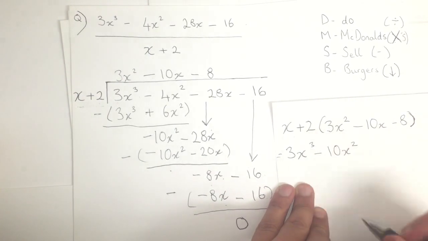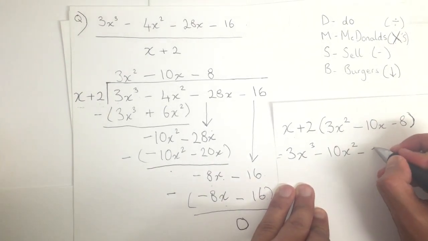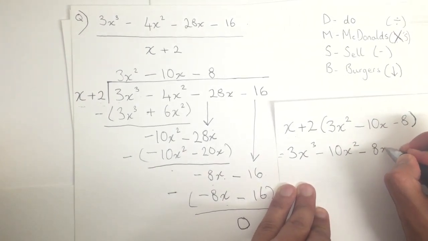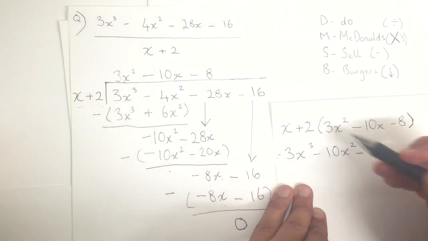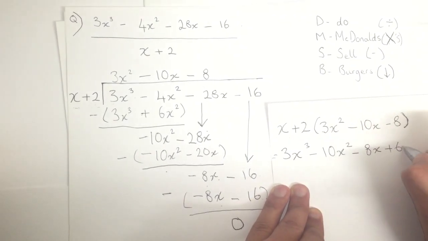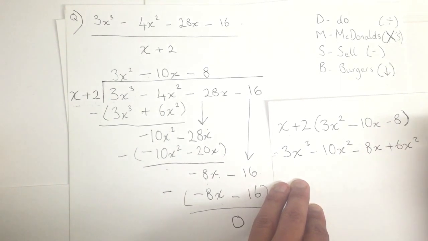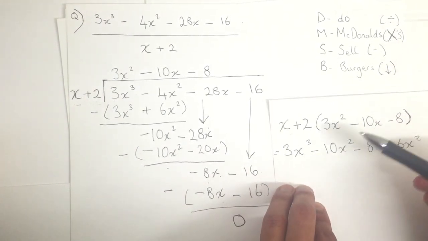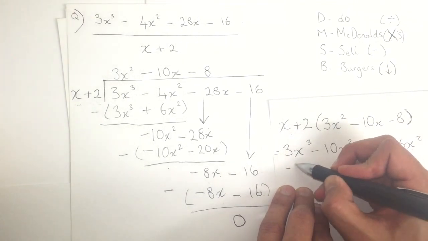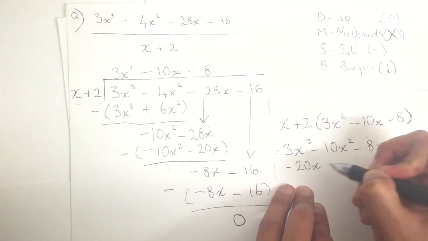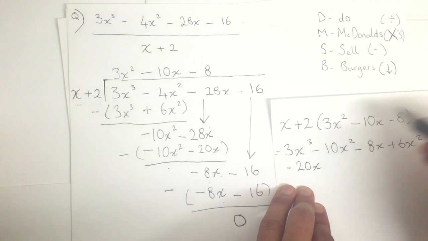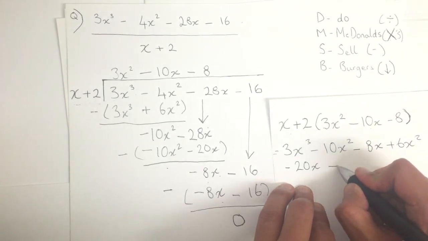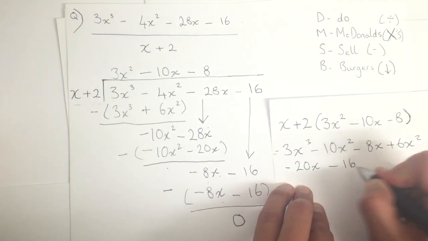And minus 8 times x equals minus 8x. Then moving on to the 2 times 3x squared is plus 6x squared. Sorry, running out a bit of room here, I'll just move down over here. Minus 10x times 2 equals minus 20x. And minus 8 times 2 equals minus 16.